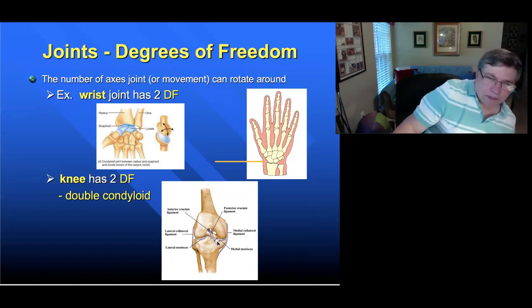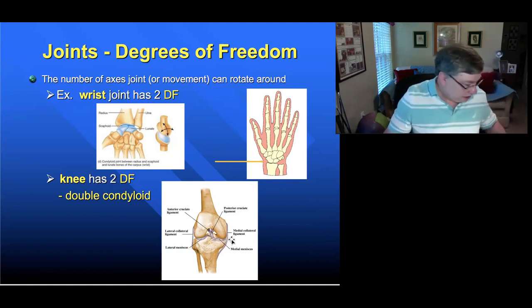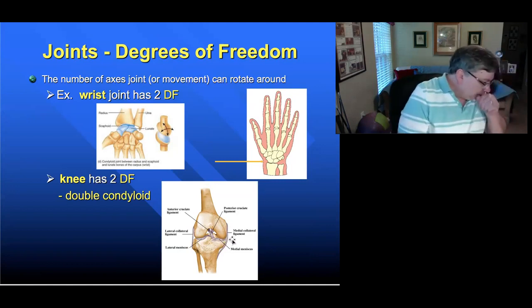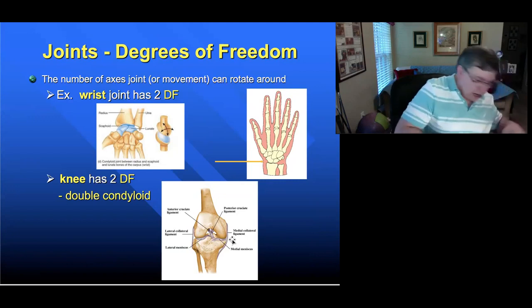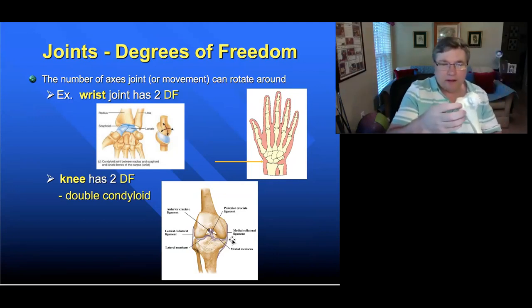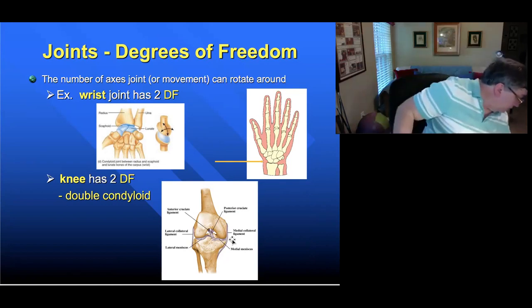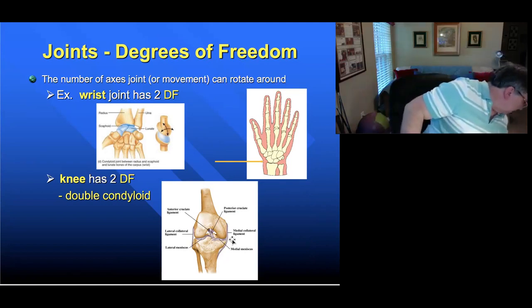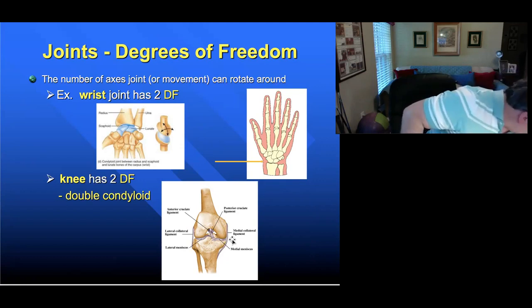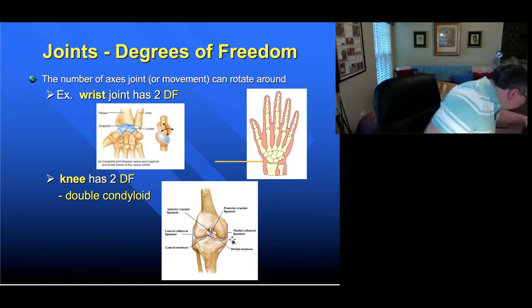And these indentations in the tibia are concave in shape. And you can see that the femur has two convex shaped oval parts of the bone that will articulate.